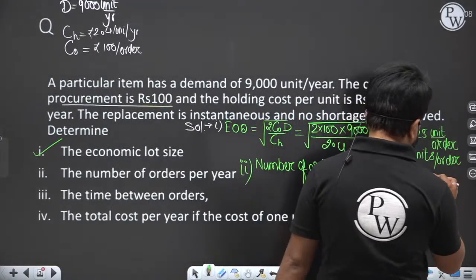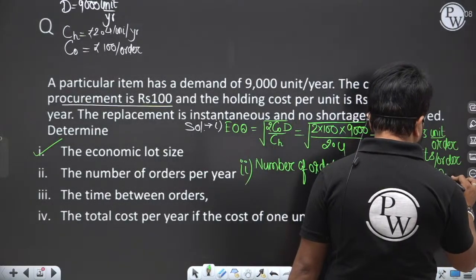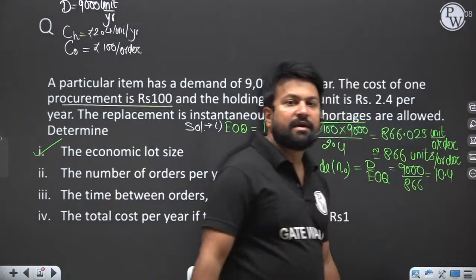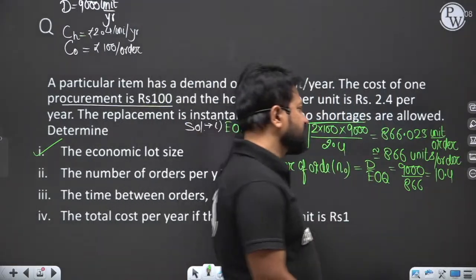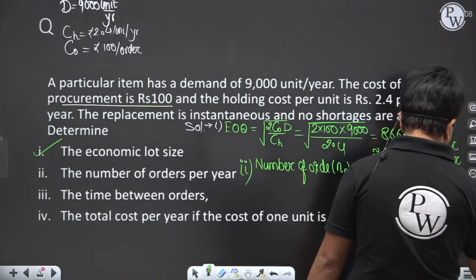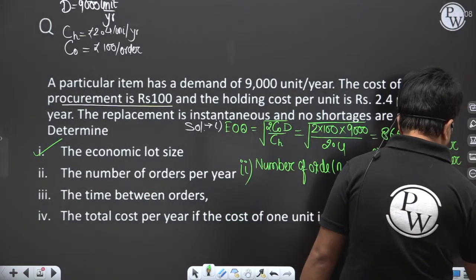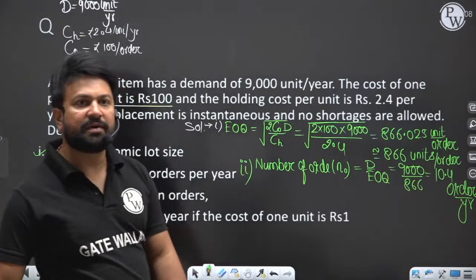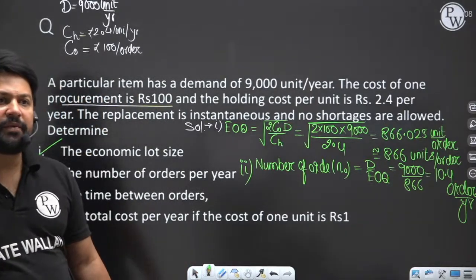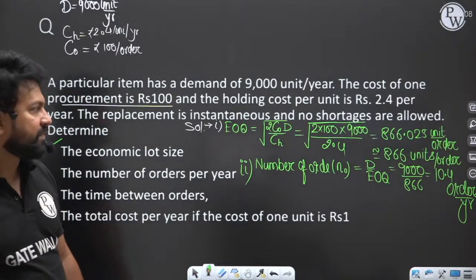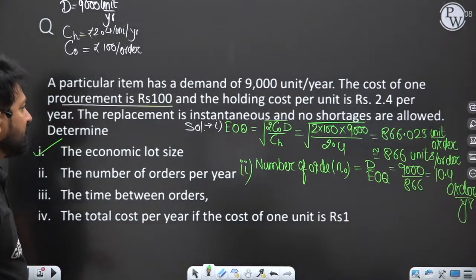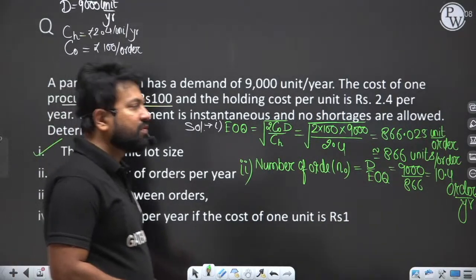The number of orders is 10.4 per year, right? Am I clear?